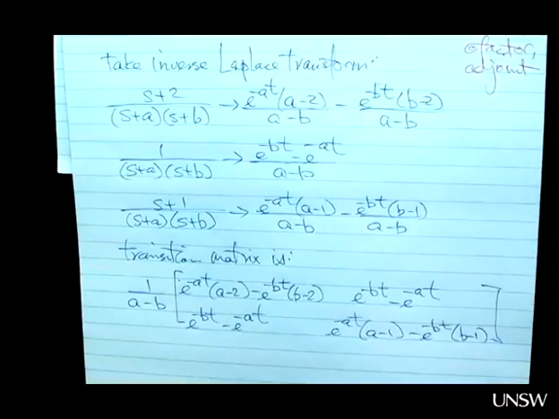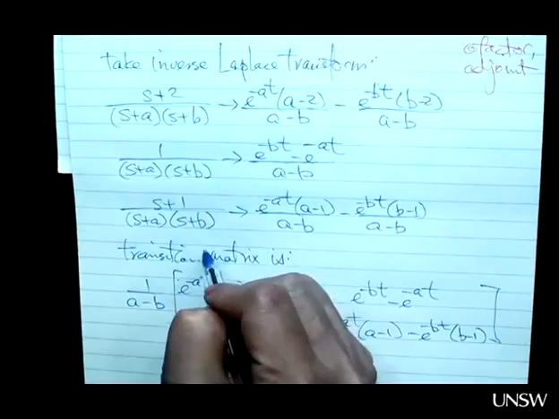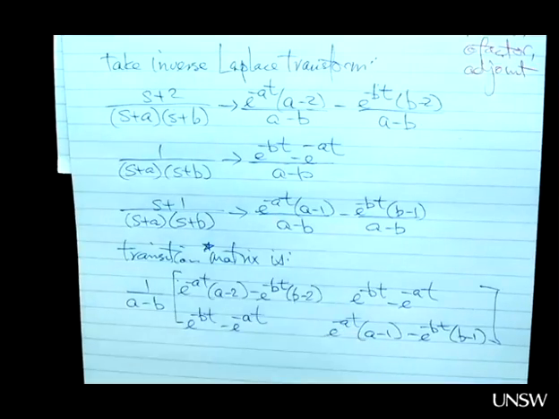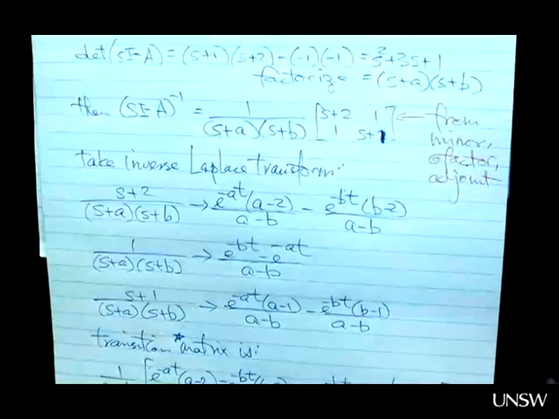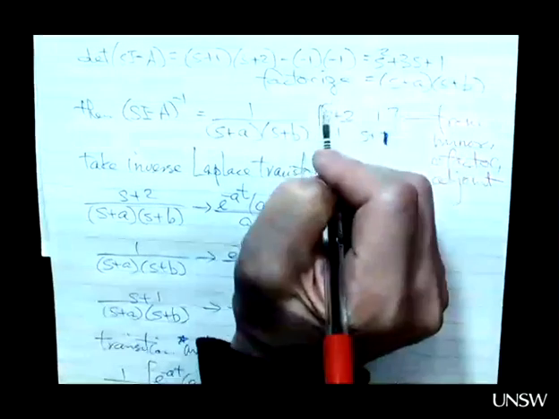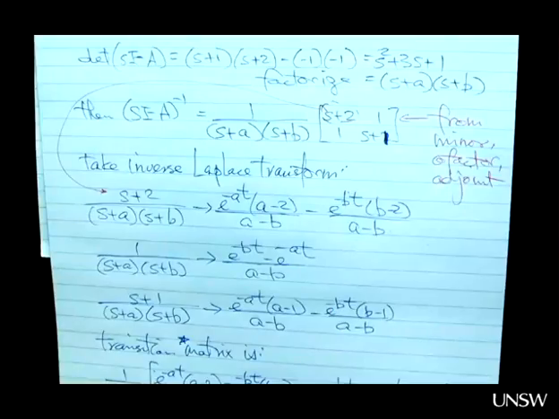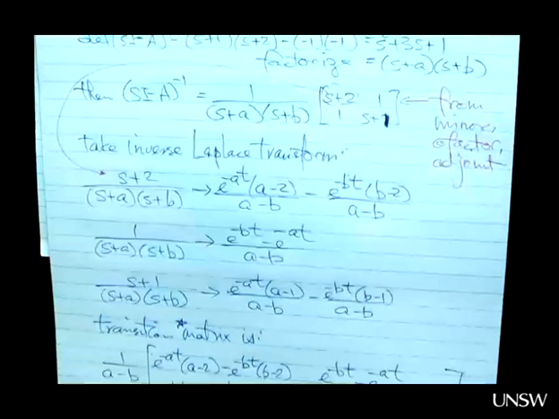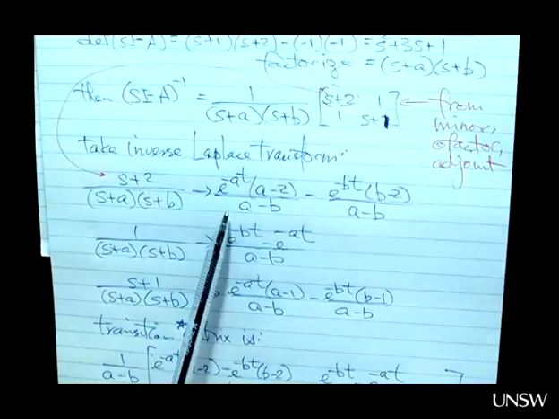So it is a transition matrix, it is a matrix. Okay, this term is here. How do we get this on the right hand side?